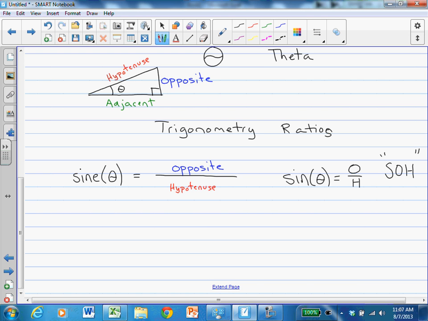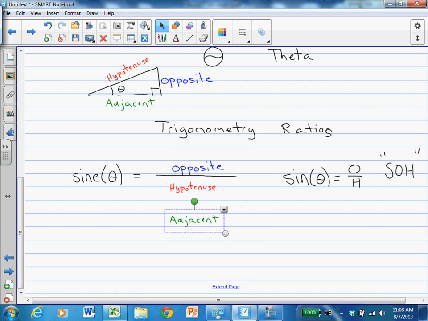Now, let's take another one. Let's take the adjacent, but this time we're going to put the adjacent side over the hypotenuse. And that is a different ratio, which is called the cosine.